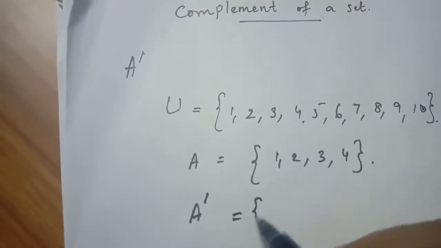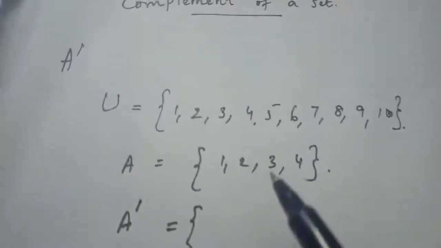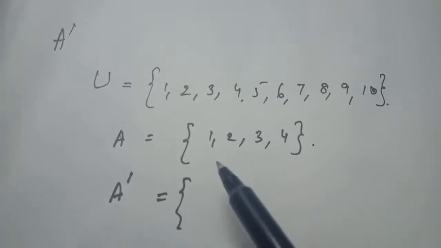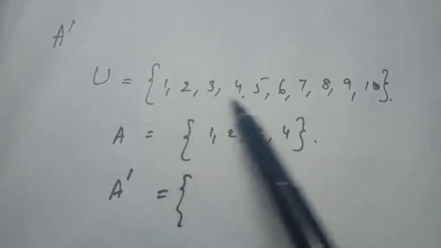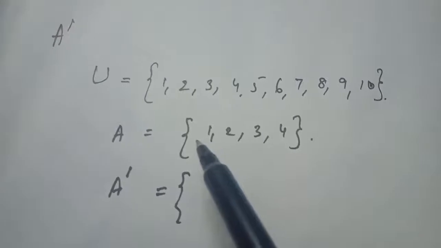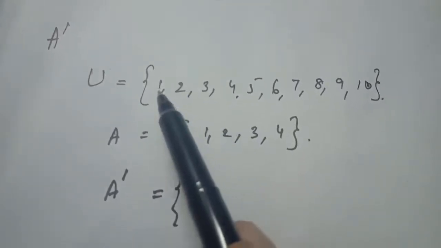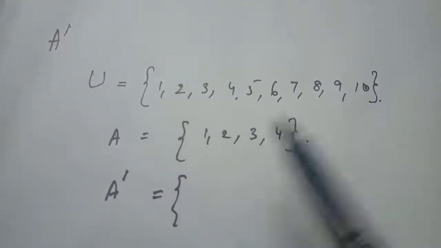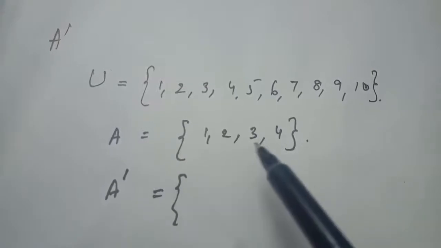Then A complement will be, we know that complement of any set is the set of all elements in the universal set but not in A. So here universal set is given 1, 2, 3 etc. up to 10, and set A is given as set 1, 2, 3, 4.